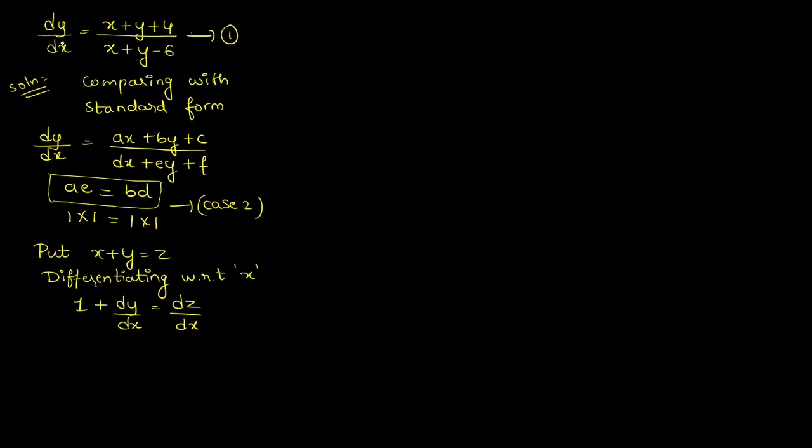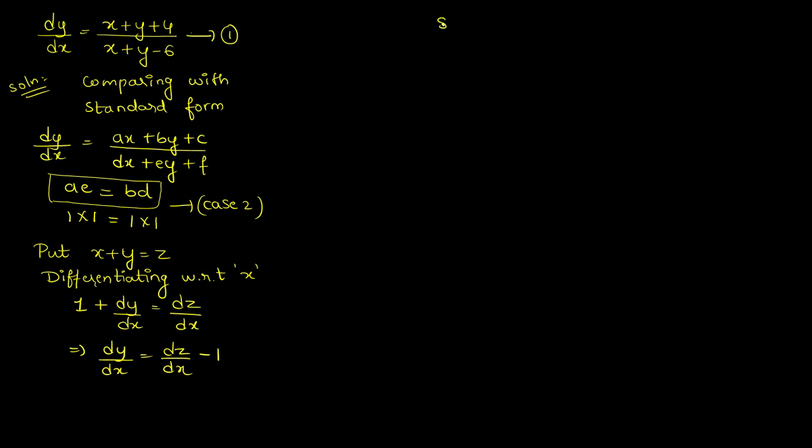Now if you see equation 1, we have dy by dx. So the value of dy by dx is equal to dz by dx minus 1. Let us put the values x plus y equal to z and dy by dx equal to dz by dx minus 1 in equation 1.